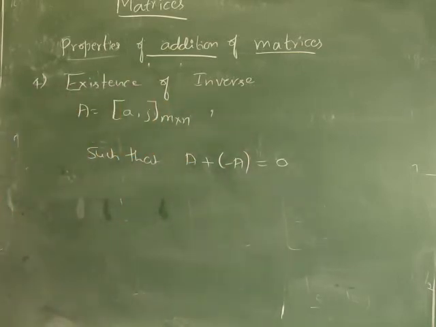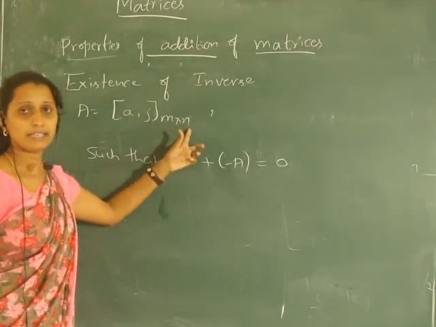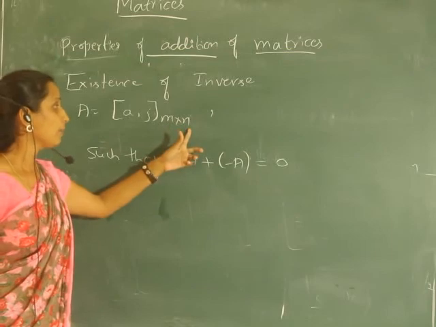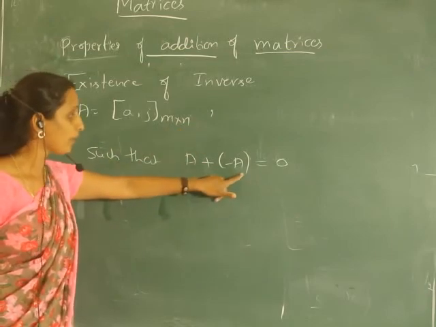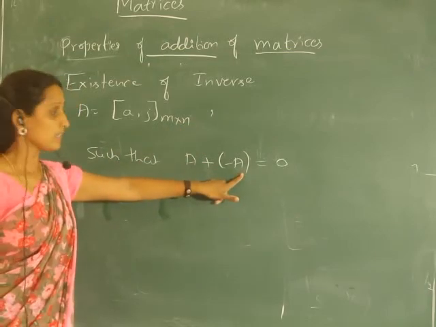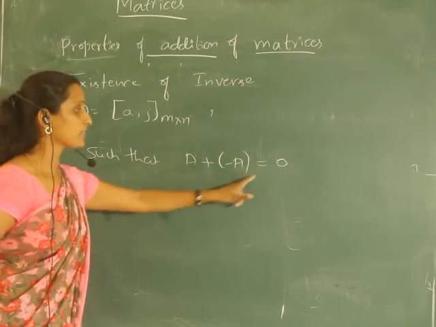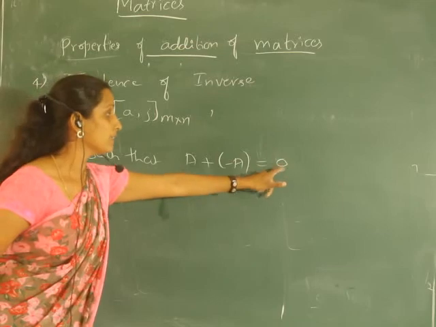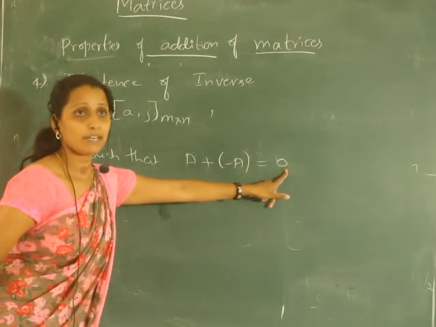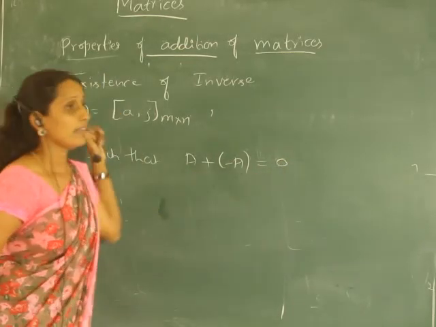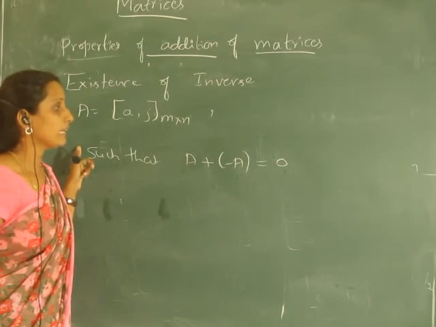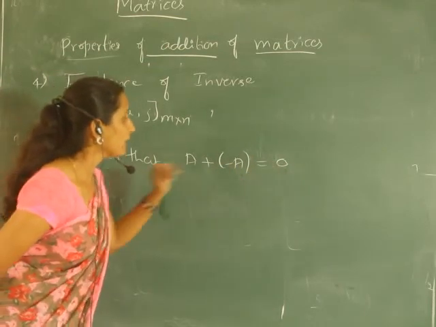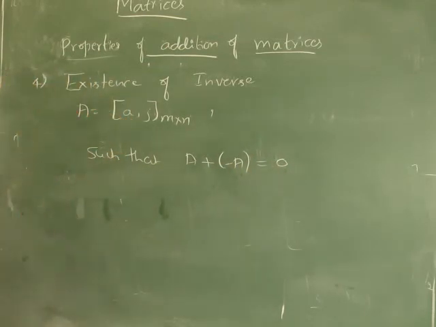If A is a matrix Aij of any order m by n, then there exists one more matrix, negative of that matrix, such that when we add that to the matrix, we get the identity. Not the identity matrix, we get the 0 matrix, because the 0 matrix is the identity element for addition. So this minus A is called the inverse of a given matrix.